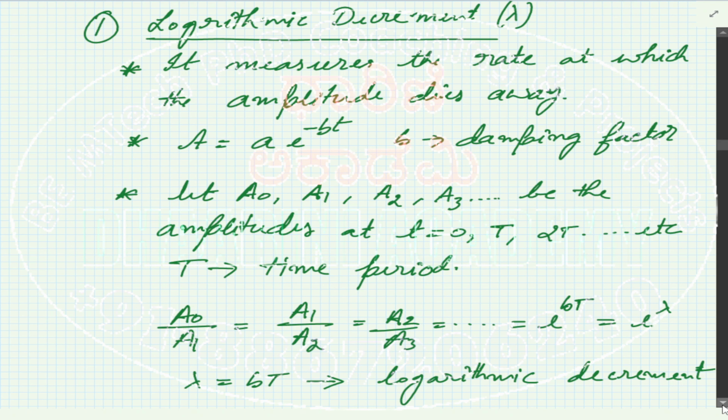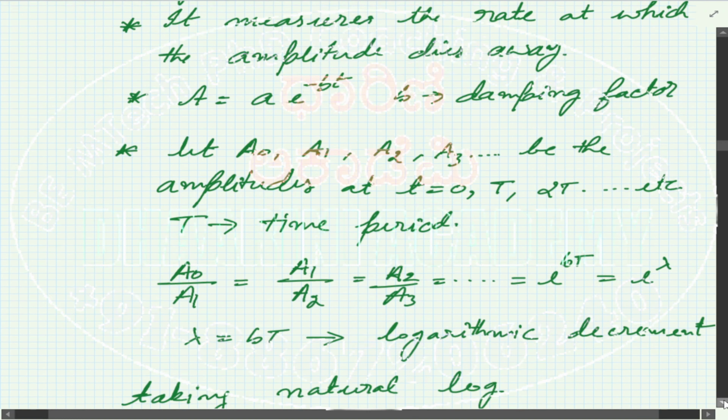Right. Now say A0, A1, A2, A3, etc. are the various amplitudes of the object at different intervals of time, say T1, T2, T3, etc. Now, if you take the ratios like A0 by A1, A1 by A2, we call the lambda as bt, which is the logarithmic decrement.